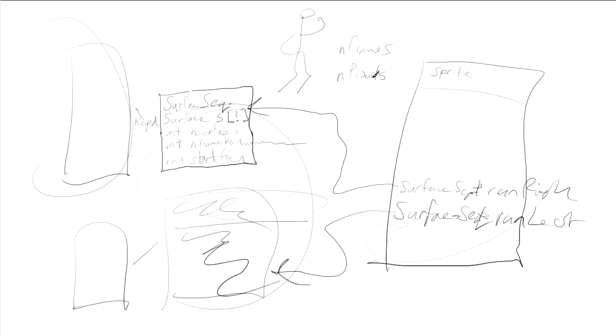So to start with, I'm just going to do the easy way, which is n frames. But later on, we may switch over to n pixels, which will allow us to have different speeds for running. Or even if we're only going to be running at one speed, it'll allow us to change our mind about what that speed is, and we don't have to change a bunch of other stuff.